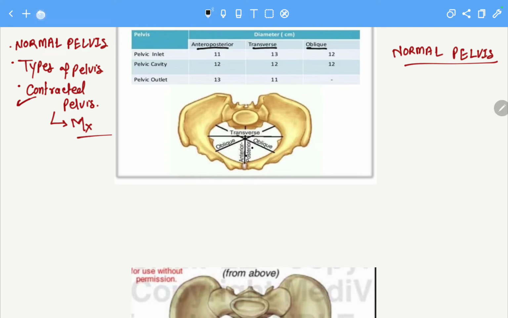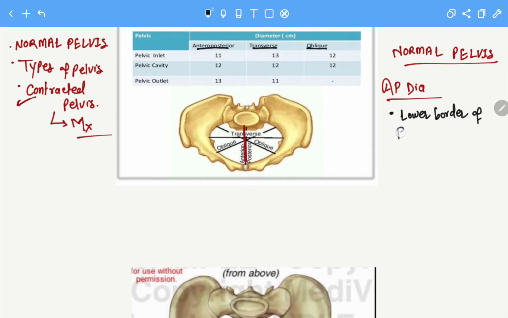It is the length or the diameter that starts from the lower border of the pubic symphysis, this one is the pubic symphysis, up to the tip of the coccyx.